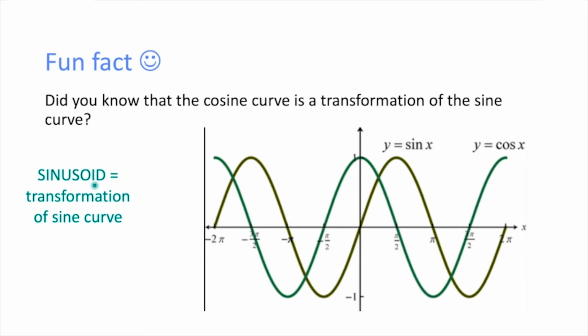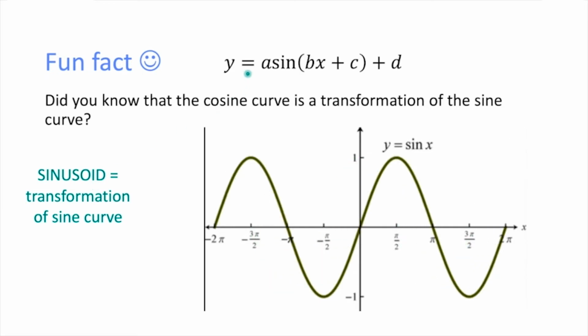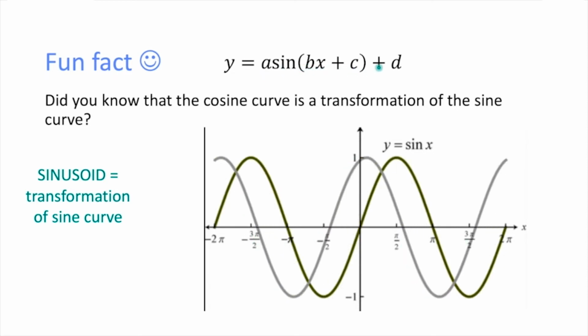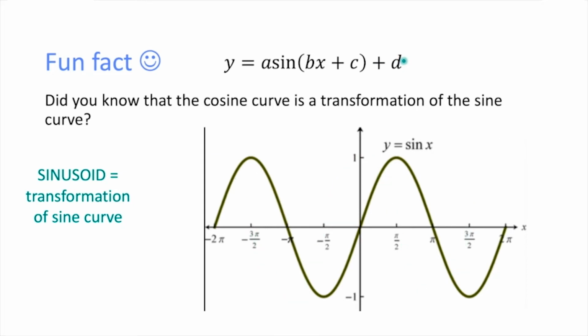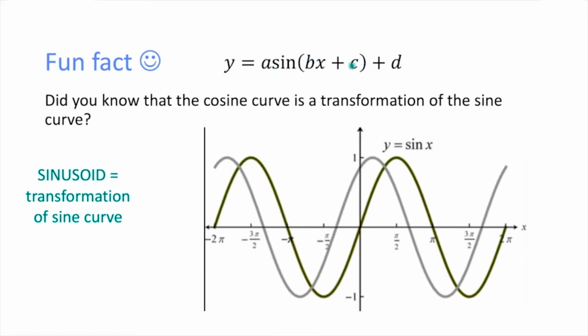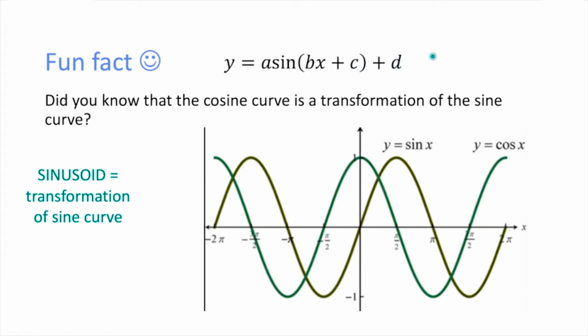A sinusoid has a general equation of y is equal to a sine bx plus c plus d. So let's see how changing the values of a, b, c, and d changes the way our graph looks.